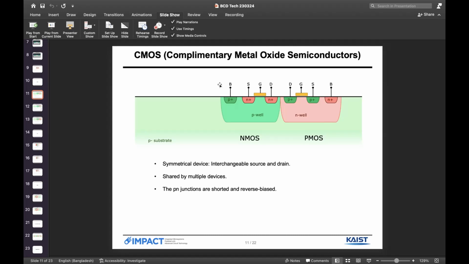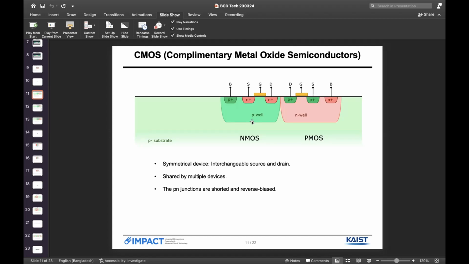So, do you know the difference between P substrate and P well? How different? The P well is more P doped, like moderately P doped. The P substrate is lightly P doped. How about P plus in the body?